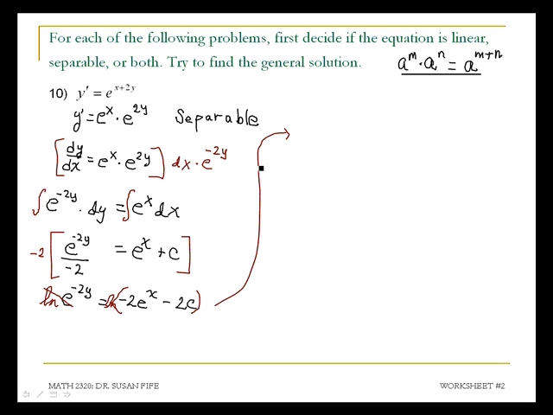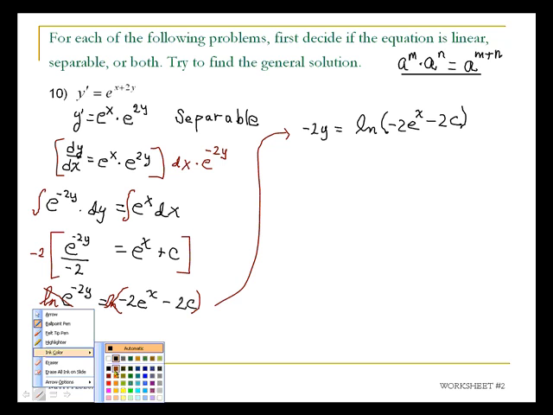And on the left side of the equation, it leaves you with negative 2y. On the right side of the equation, we have natural log of negative 2 e to the x minus 2c. And there's really not a way to break up these two terms, so I'll have to leave it that way.